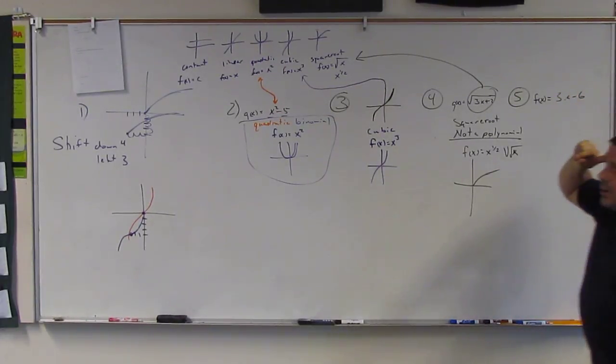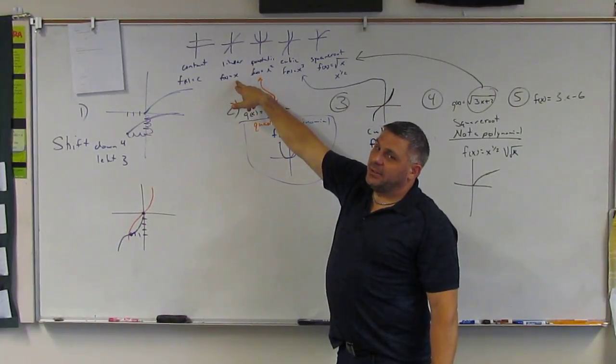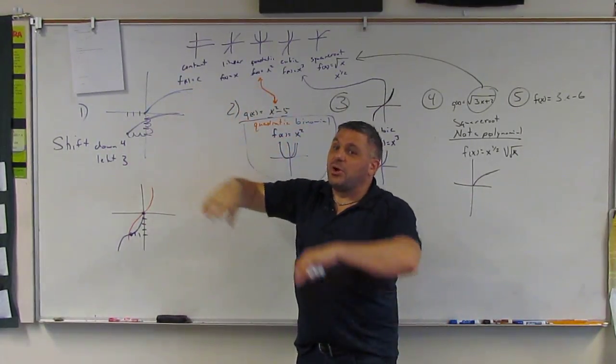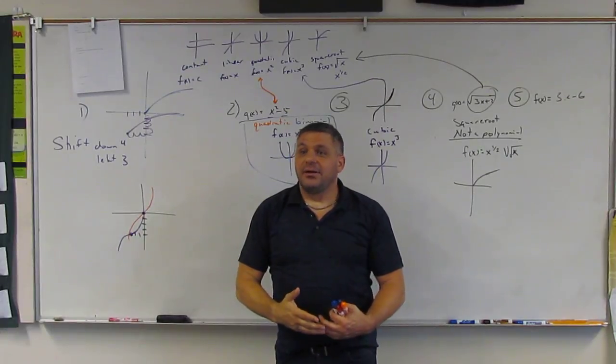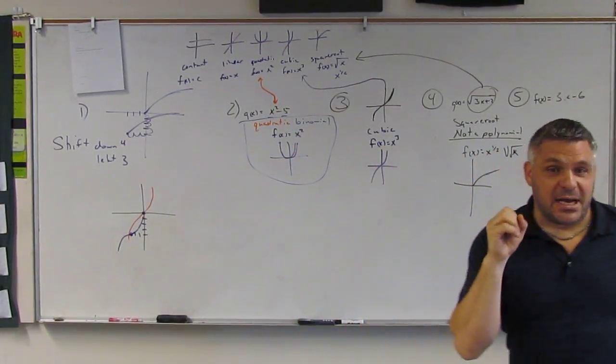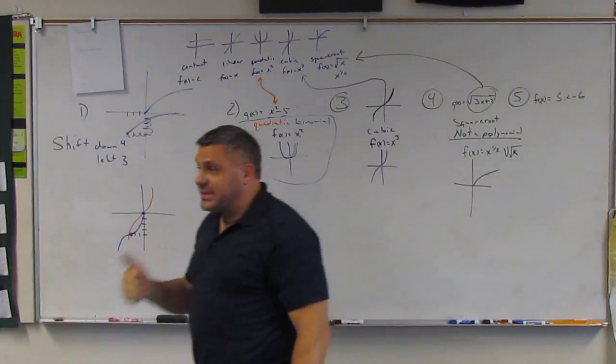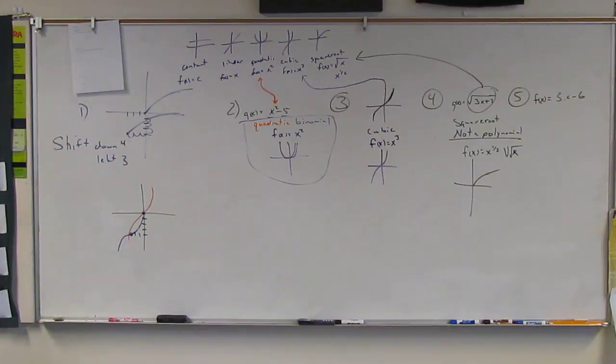But remember, there's no exponent when it's linear. When it's constant, there's no x. So write that down. I just saw a light bulb go off. That's good. That's huge, because now you understand when there's no x, there's no variable. It'll be like f of x equals 6. That's constant. Okay?